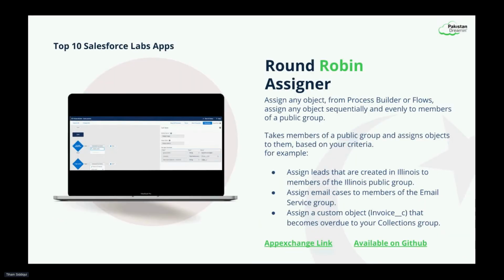So the very first app I think is very useful is the Round Robin Designer. I have been working for more than 1.5 years, and I see a lot of customers come and ask for a round robin assigner.